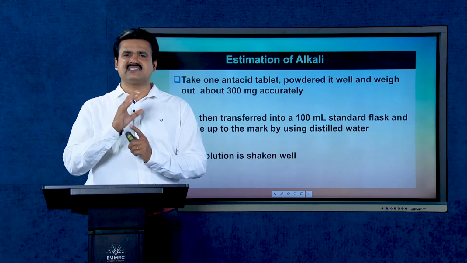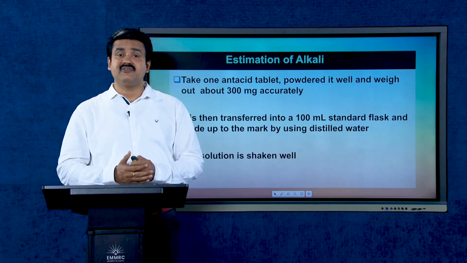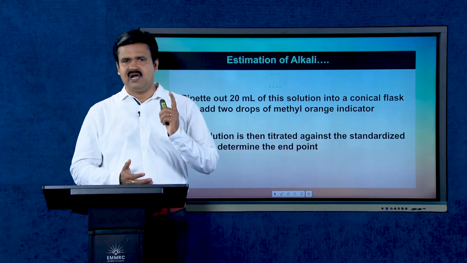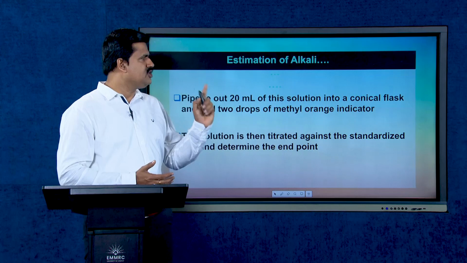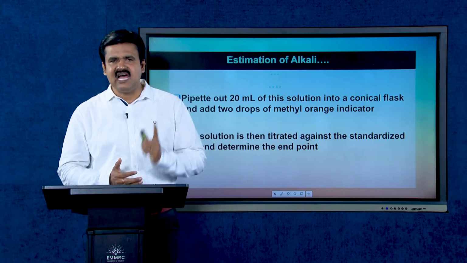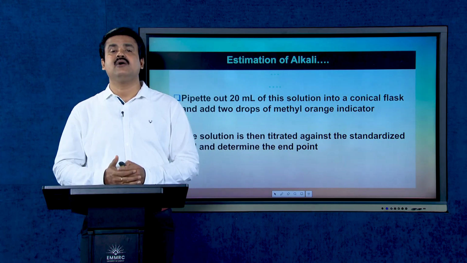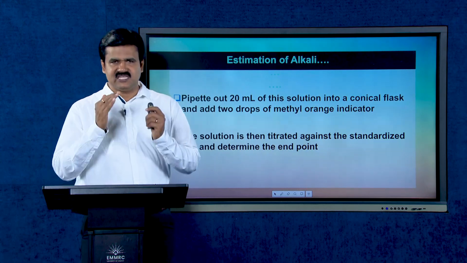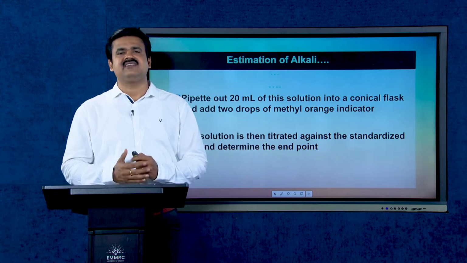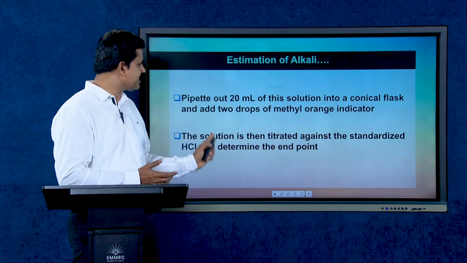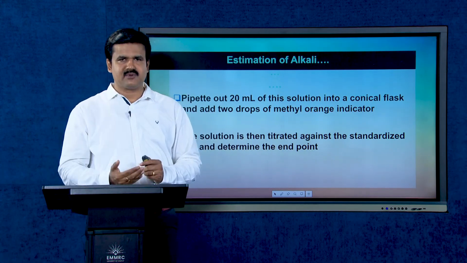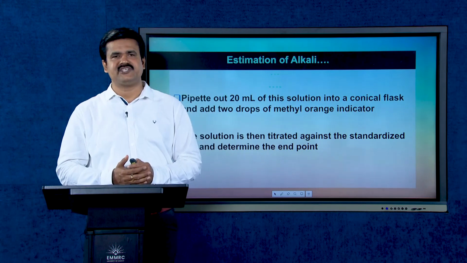The solution is shaken well to get a uniform concentration, and from this pipette out 20 ml into a conical flask and add 2 drops of methyl orange indicator. The solution is then titrated against the already standardized hydrochloric acid solution taken in the burette to determine the end point.